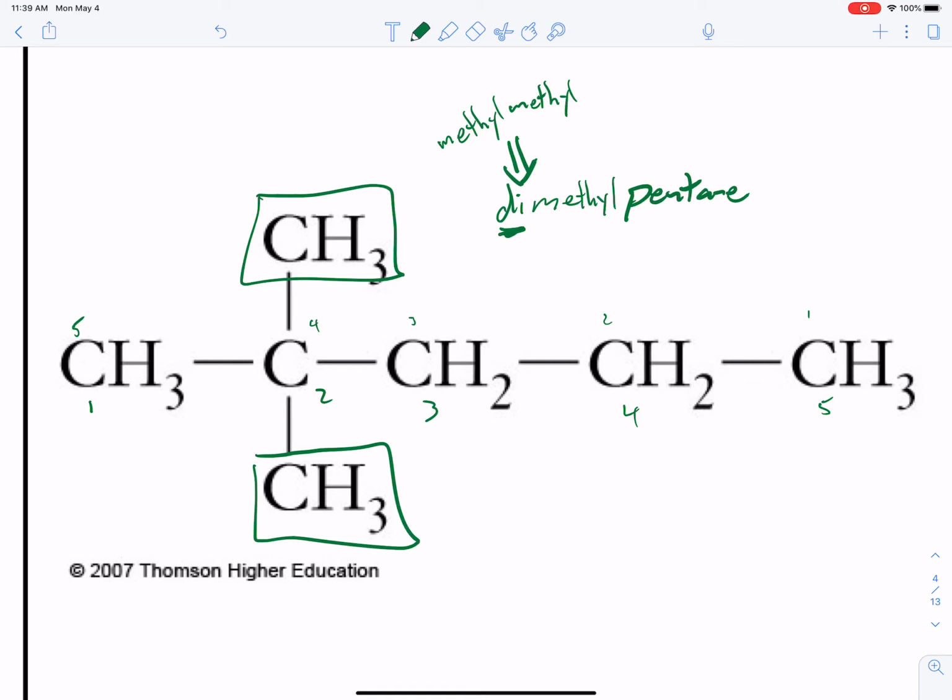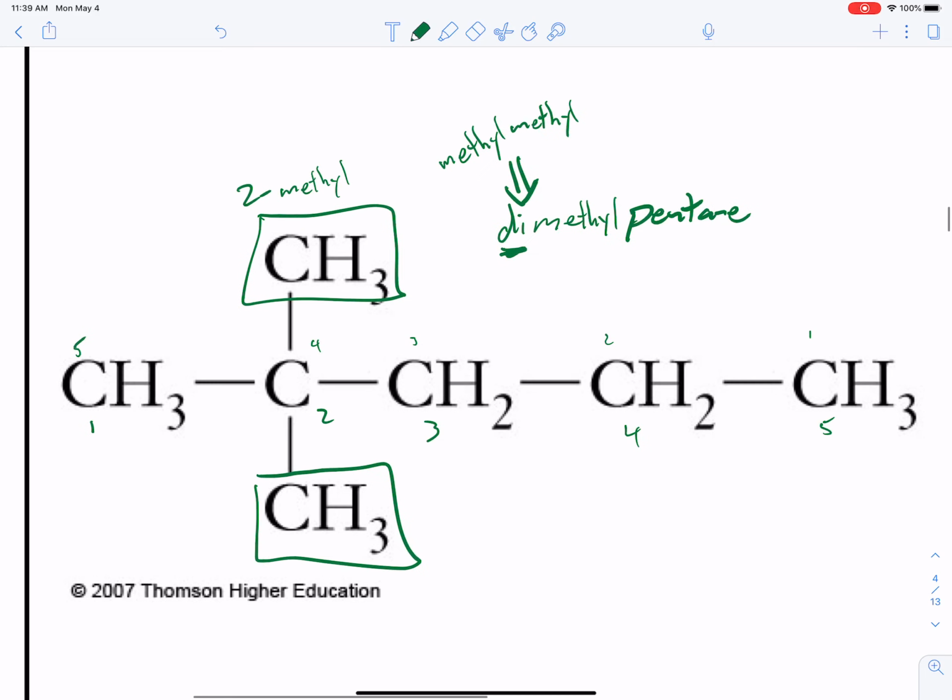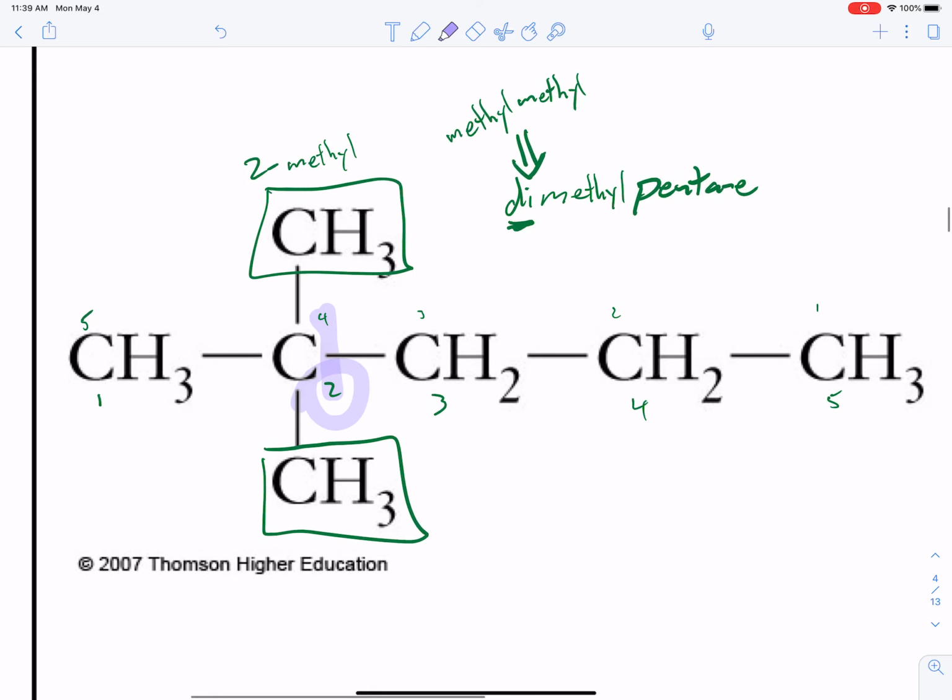But where are those methyl groups? Well, one of them, this methyl group, is on number 2, right? Because if I'm looking at these things right here, I have to go with the smallest number, which is that number 2. But what about this other methyl group?